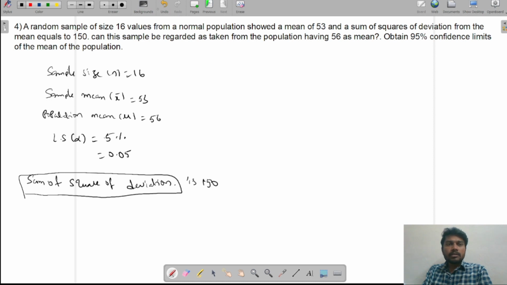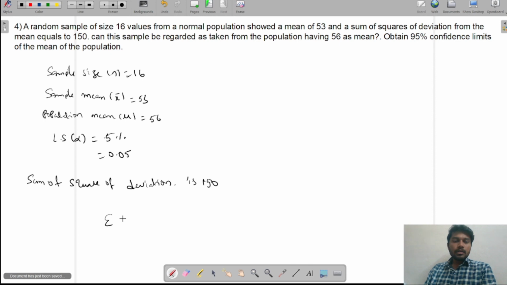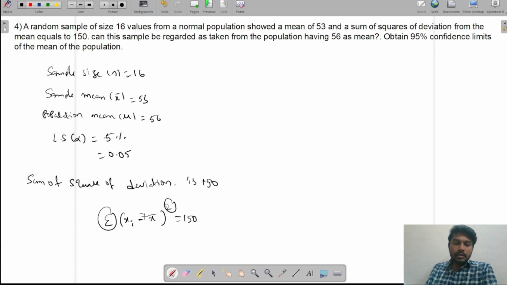The sum of square of the deviation: we are adding up, which is nothing but summation xi minus x bar whole square, whose value is given in the question. Yes. The sum of square of deviation is 150.